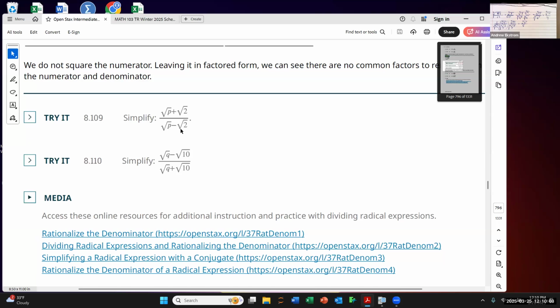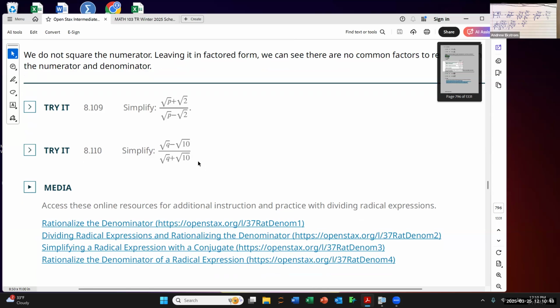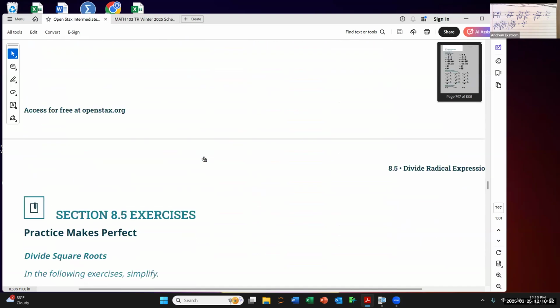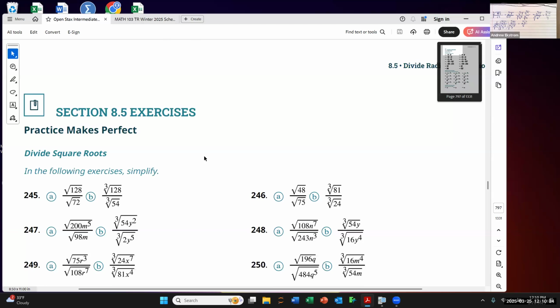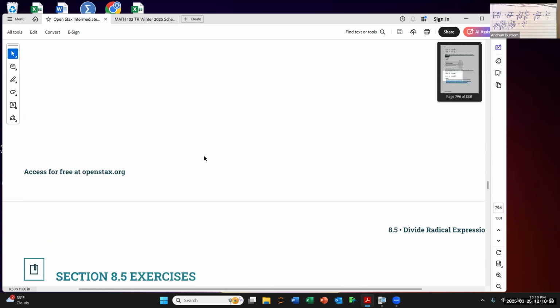So what's the new denominator going to be here? P minus 2. What's the new denominator here going to be? Q plus 10, or sorry, Q minus 10. And that's the horror of it all.